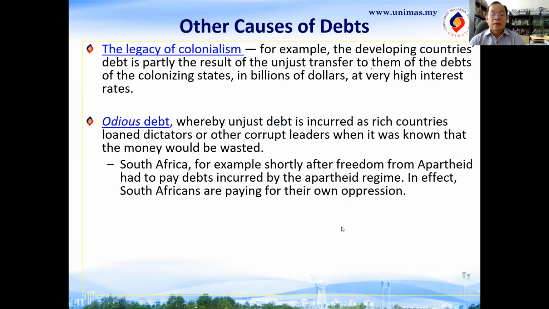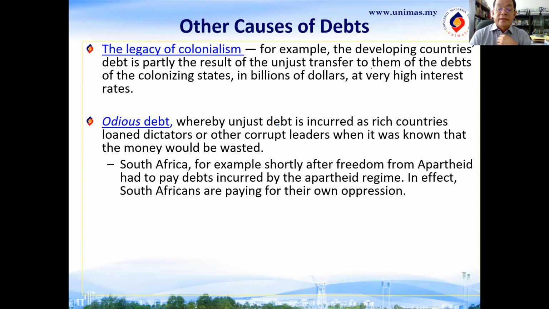For example, in South Africa, shortly after freedom from the apartheid, the country had to pay debts incurred by the apartheid regime. The debt was incurred during the apartheid regime, and then the present government was forced to pay.